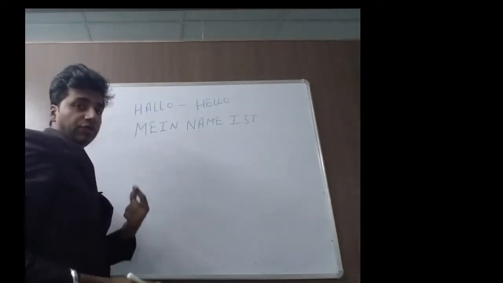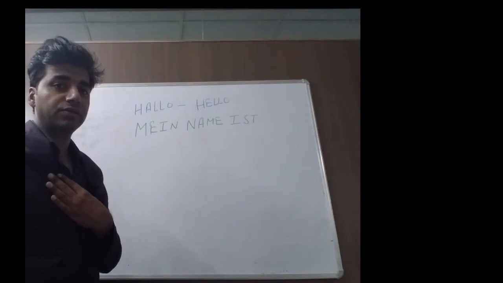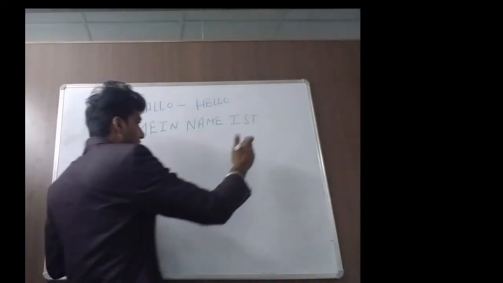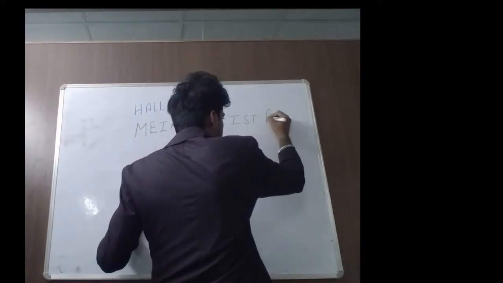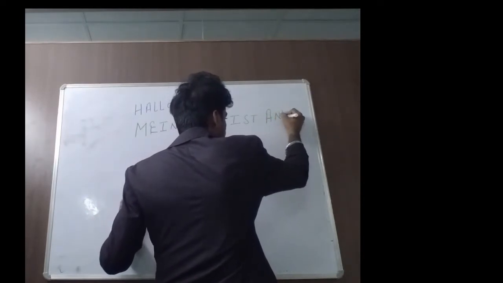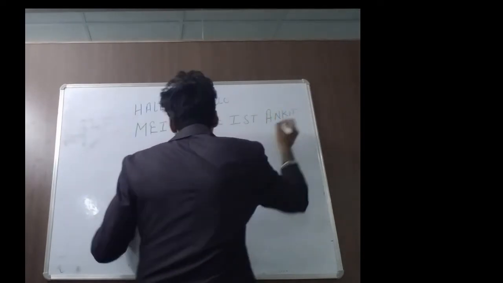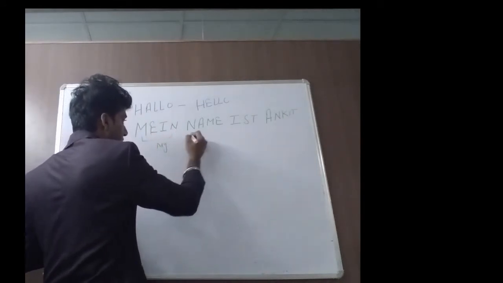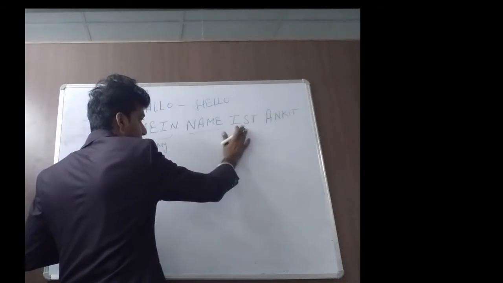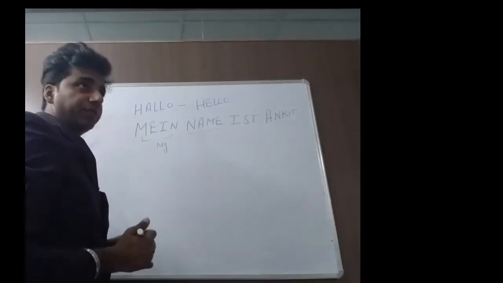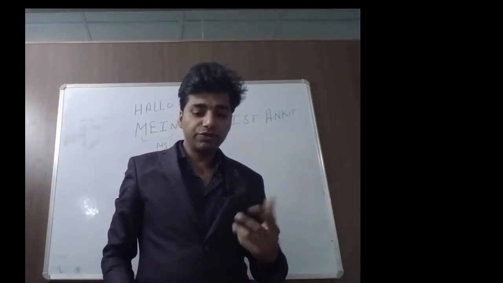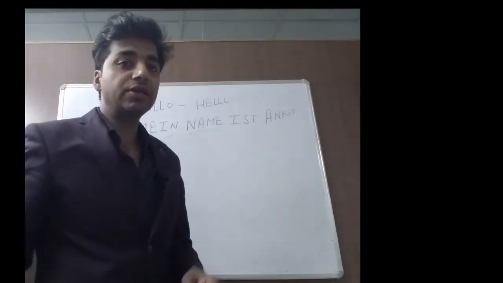For example, if I'm saying my name is Ankit, so what I will use, mein Name ist Ankit. So mein is my, Name is name, ist basically it's is-am-are.